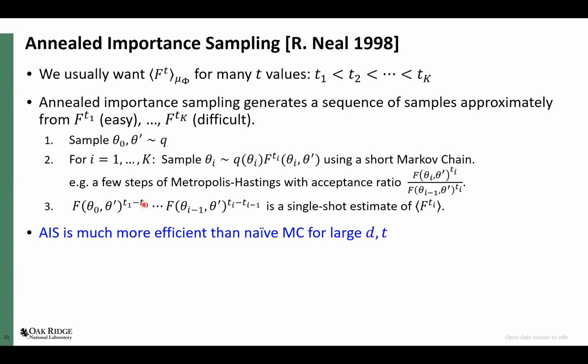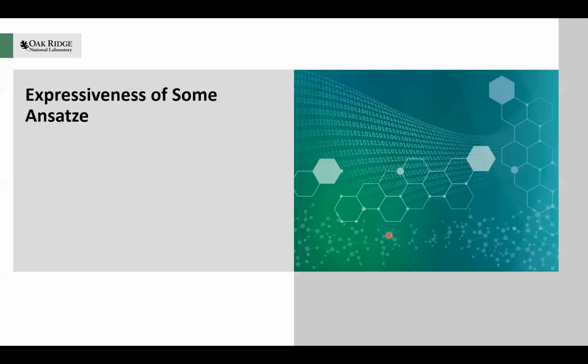And that ends up becoming the thing that you average to get your estimate of the frame potential at a given t value. And this turned out to be much, much more efficient than naive Monte Carlo when d and t become large. And so this makes this a somewhat practical way of doing this.